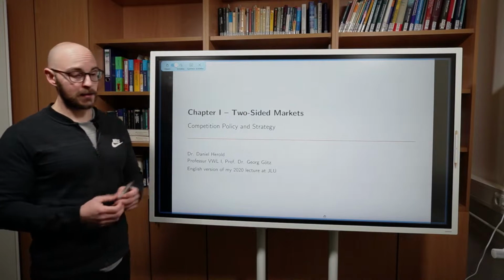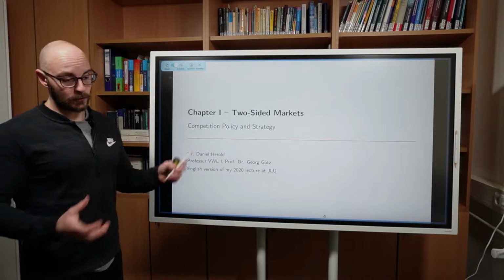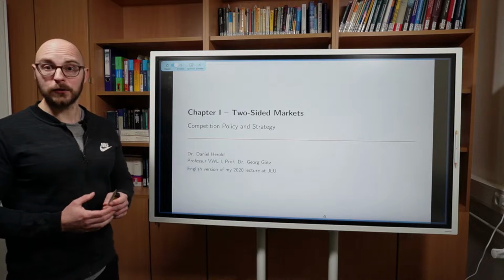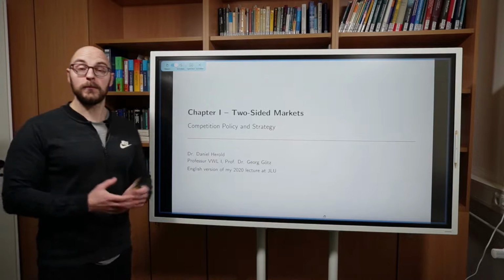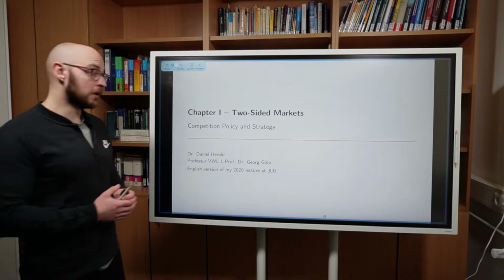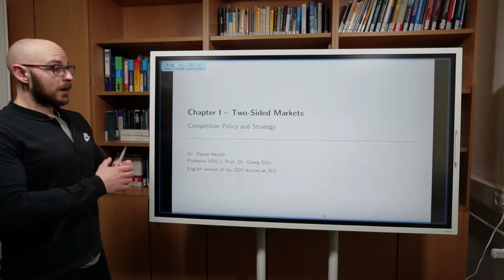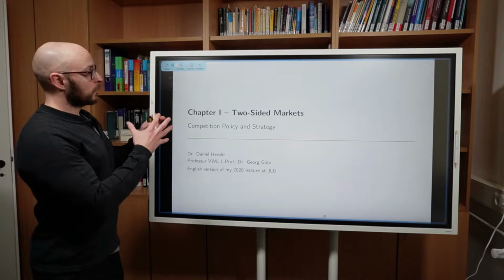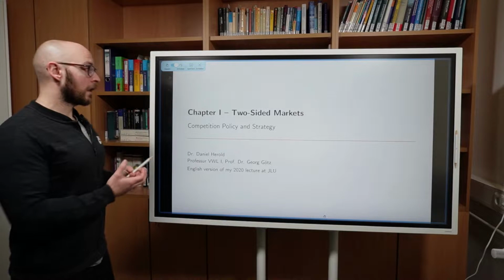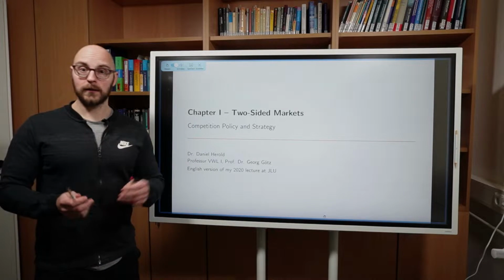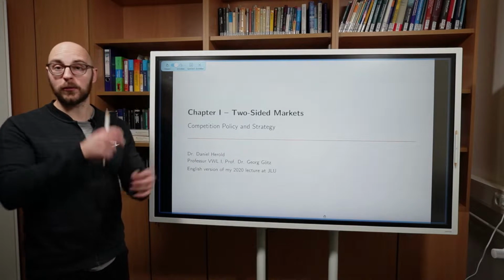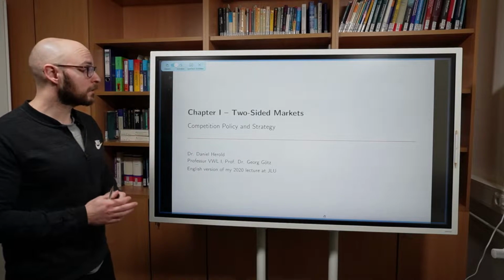So basically, all sorts of things along the value chain that impede or supposedly impede competition. And now we're taking a step further to look at a hybrid form between this upstream-downstream problematic. So it's quite related, but it's also different.